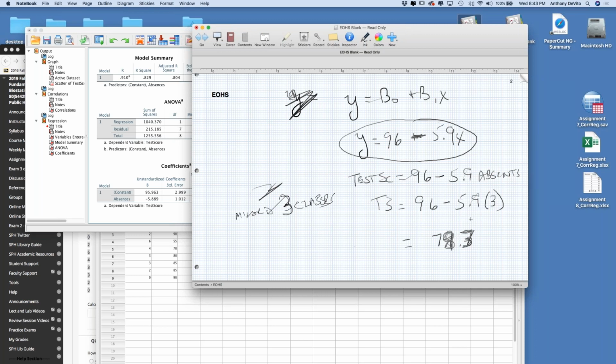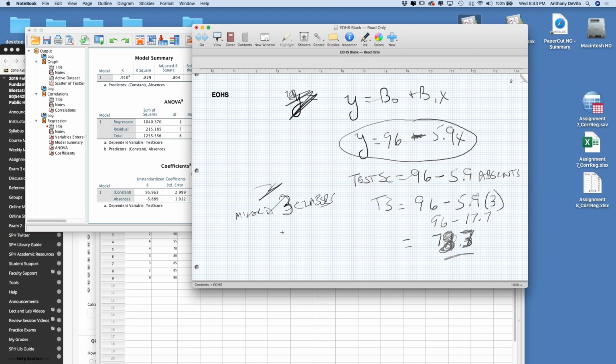You know, I should do the calculation, right? Why not just do the calculation? It'd be 96 minus 17.7, which is 78.3. Thank you very much, saves me the trouble of actually using my mind. 78.3. That's what we predict his test score will be.